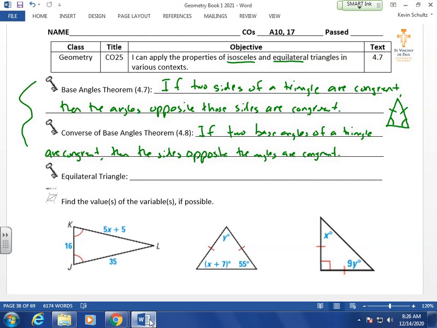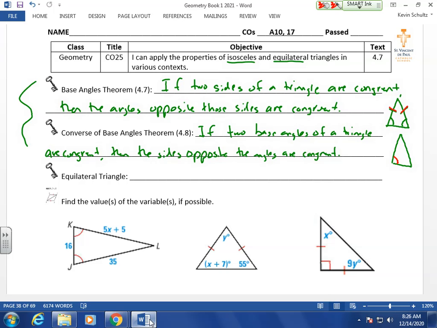So let me add a little bit of color to my first picture here. In red is what we know, and in green is what we can conclude. So in the base angles theorem, we know the sides are congruent. We can then conclude the base angles are congruent as well. In the converse here, again, dealing with an isosceles triangle, this time we know the base angles are congruent.